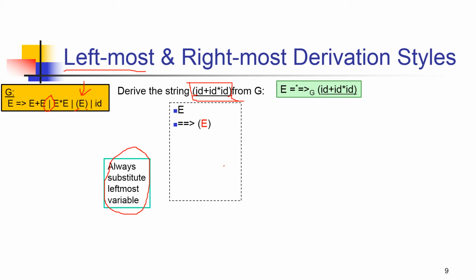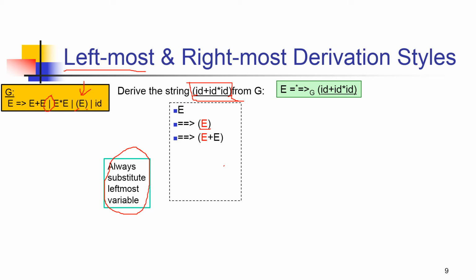So to get this bracket, we started with E producing bracket E bracket. Now for leftmost derivation, it says always substitute the leftmost variable. Here we have only one variable, so we can straight away replace this variable with the suitable next rule.